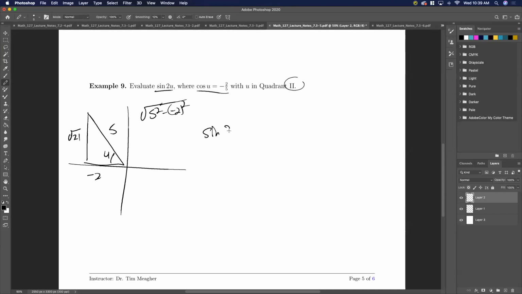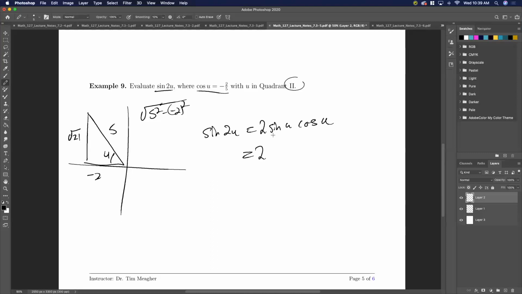So sine of 2u. How am I going to find that? Well, I'll just use my double angle formula. And my double angle formula here is 2 sine of u cosine u. And this one's actually easier than the tangent one.